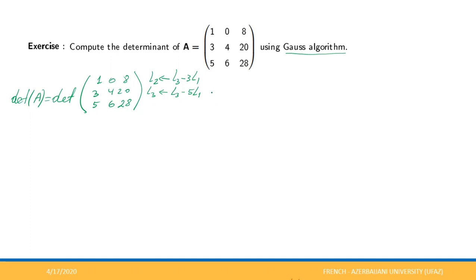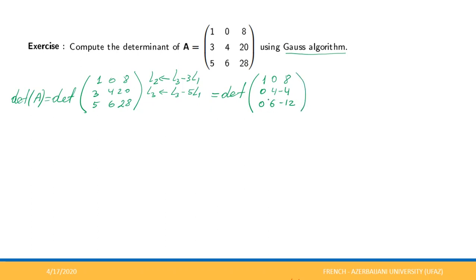Then the value of the determinant will not change. It will be determinant 1, 0, 8, 0, 4, minus 4, 0, 6, minus 12. This one.